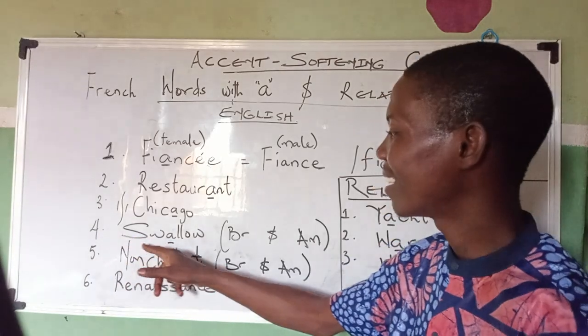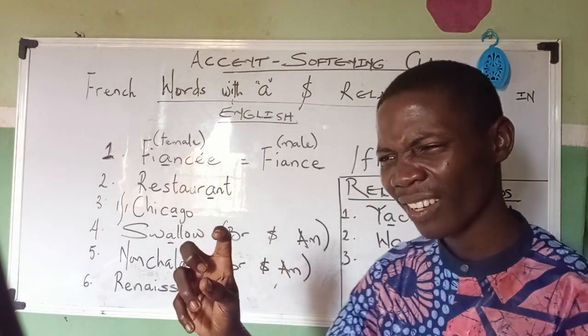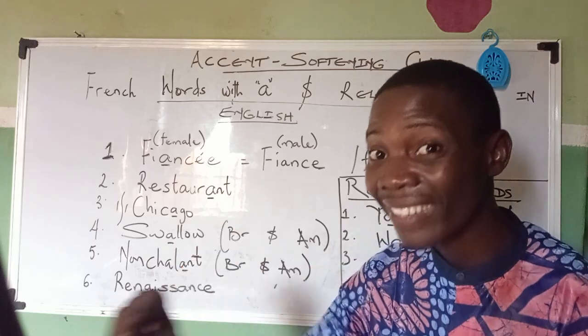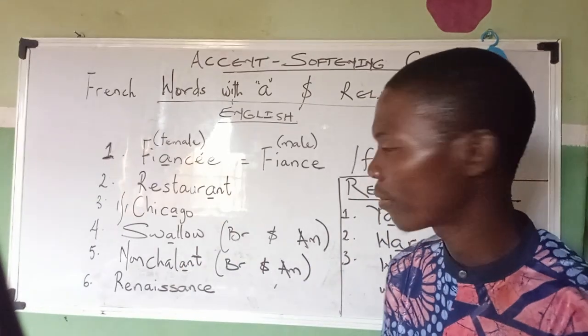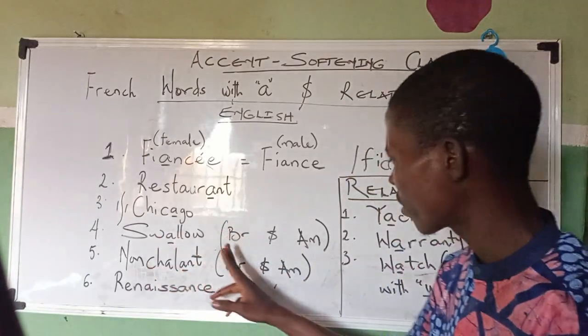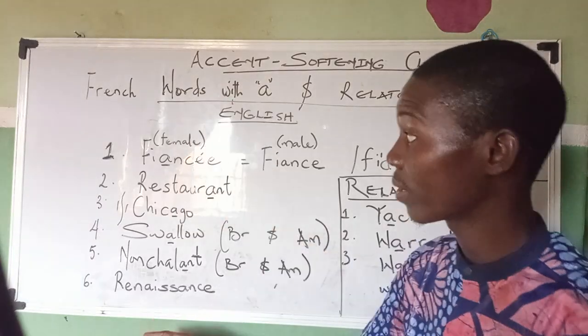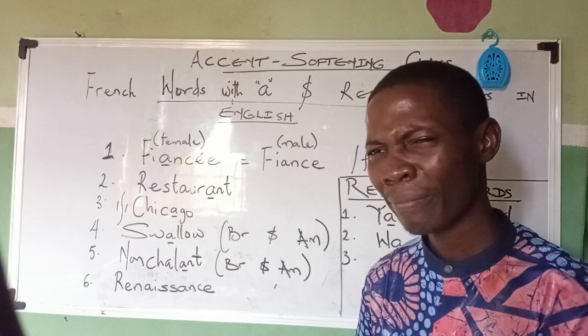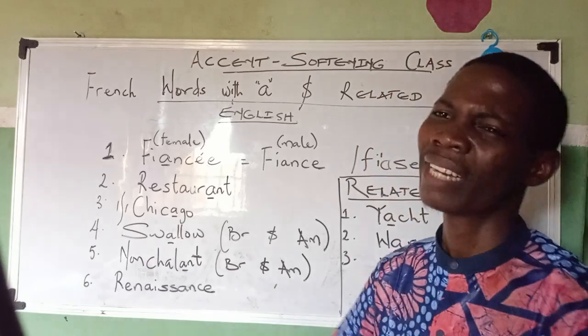Number four. Now this word has created a couple of controversies, which I would like you to get right from me. All the words we have on the board have British and American pronunciations, and maybe that's what confuses almost everybody.